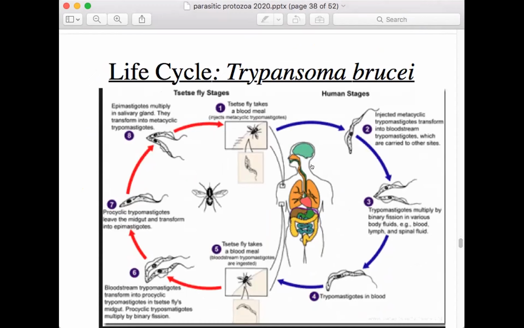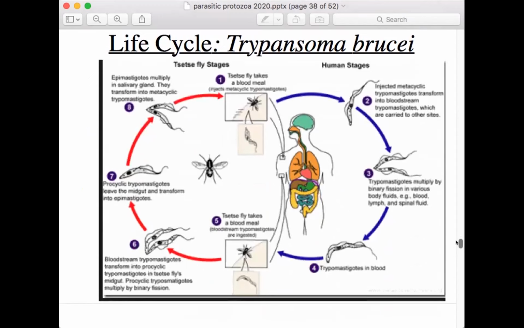So again, we're looking at the life cycle of T. brucei, Trypanosoma brucei. This is an organism that is transmitted through the bite of a tsetse fly. The fly takes up the organism when it takes its blood meal, when it's feeding on these domestic animals that are infected, and it passes it on to humans when it comes over and takes a blood meal from the human, right?